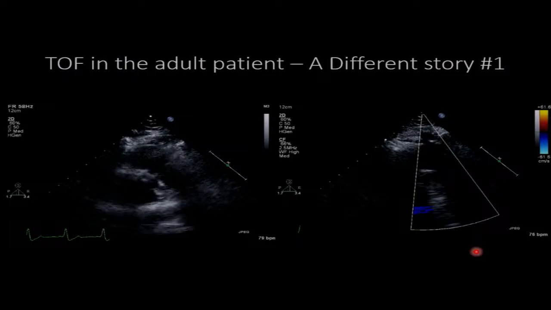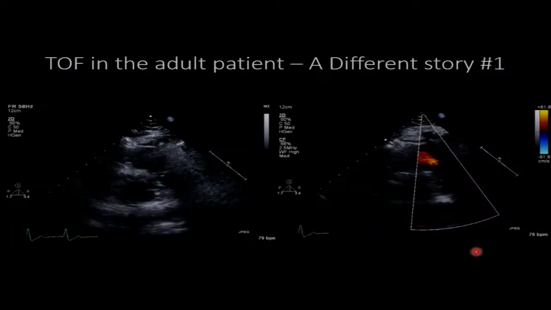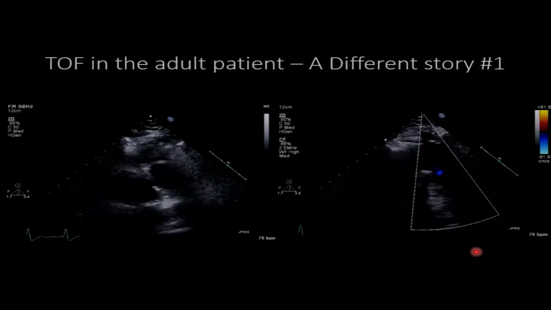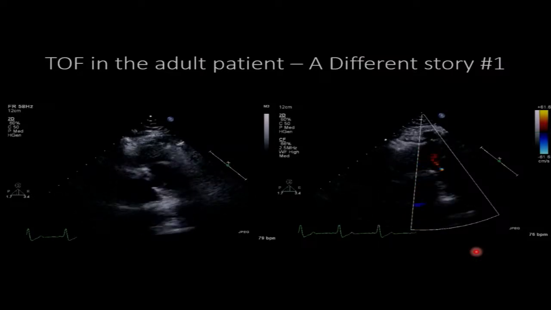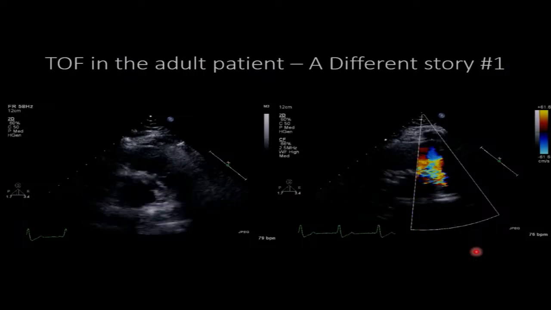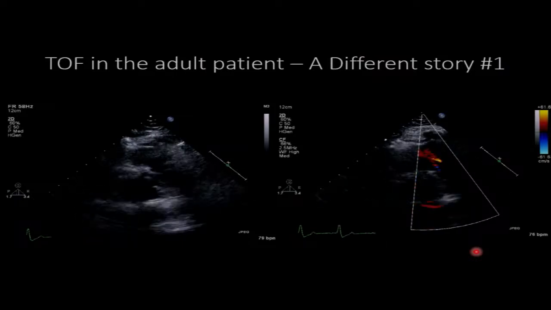The RVOT and the pulmonary valve are critical, and you will have different levels of pulmonary regurgitation, and less frequently pulmonary stenosis. Pulmonary stenosis is more relevant, and RV systolic pressure is very relevant in patients who have had what type of surgery in tetralogy of Fallot?